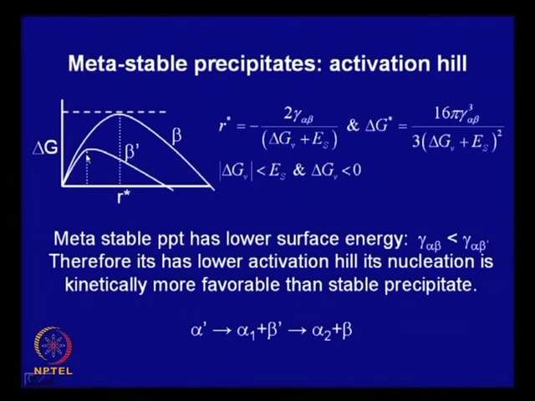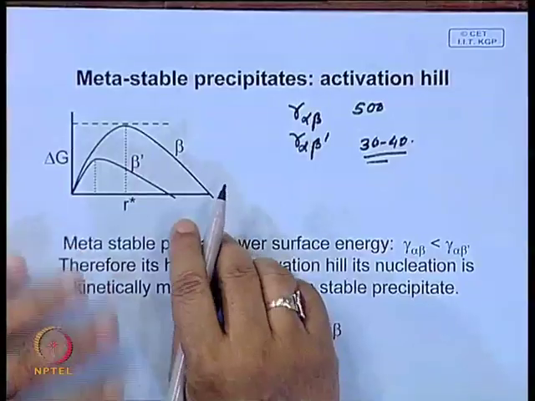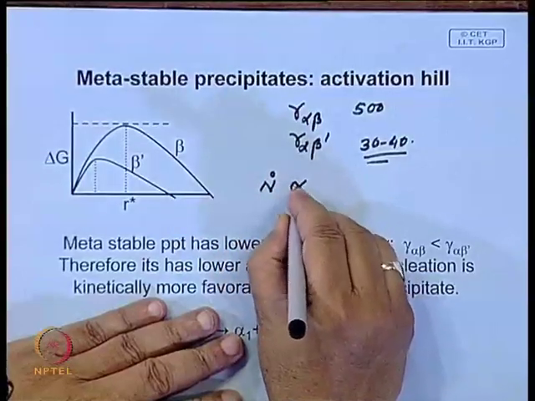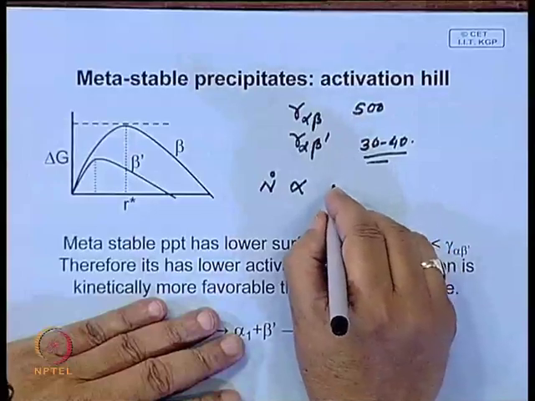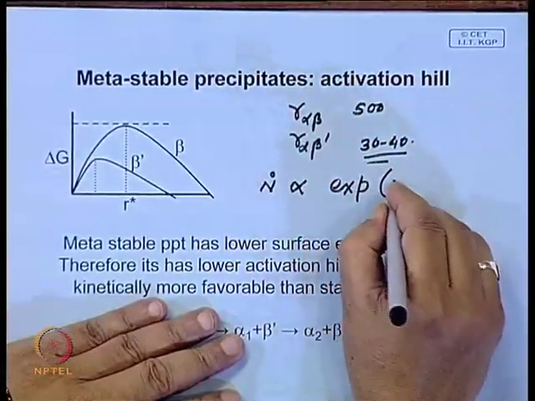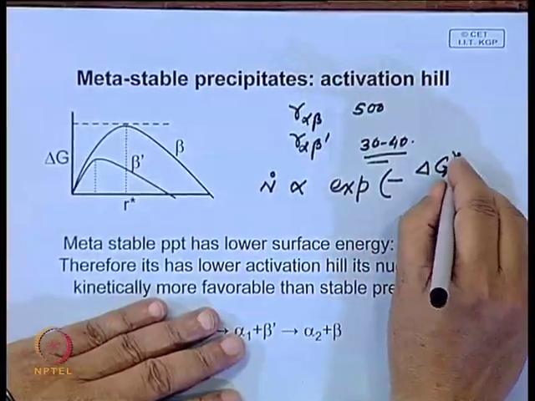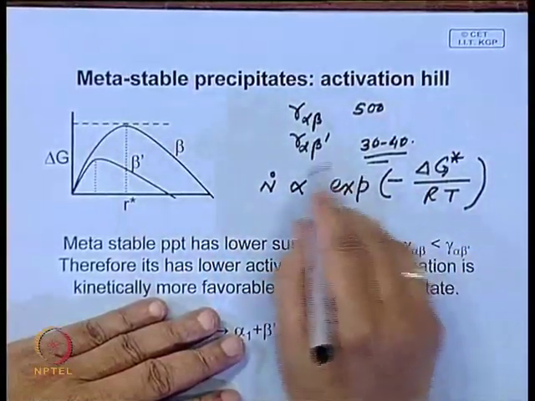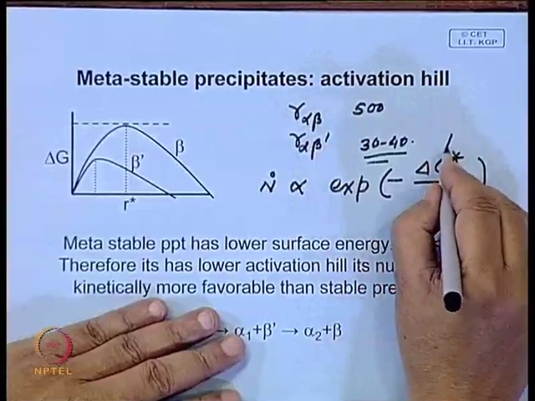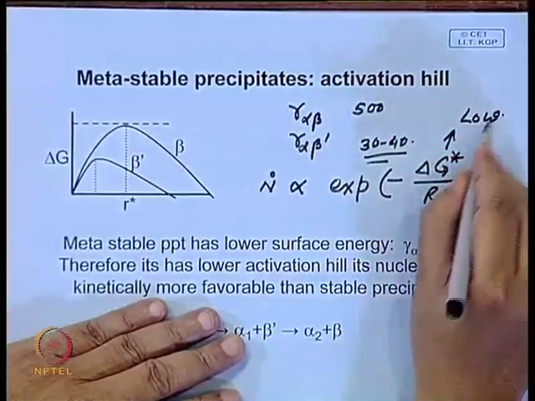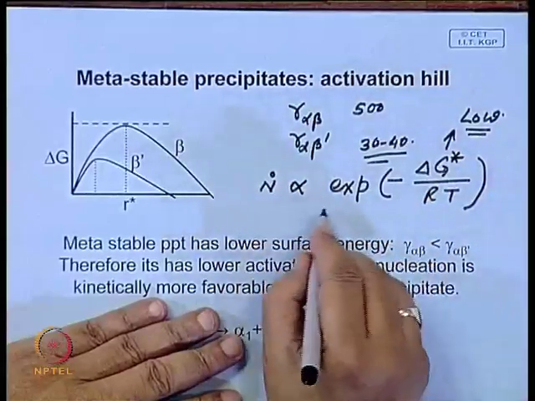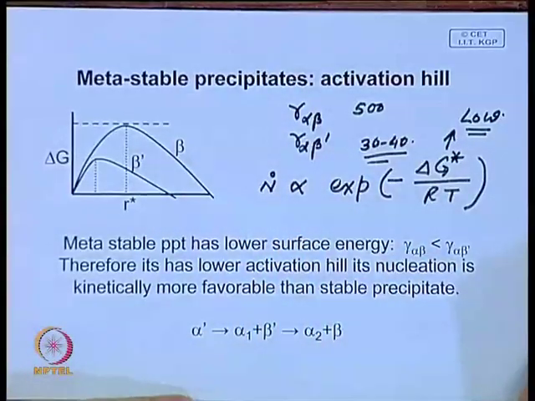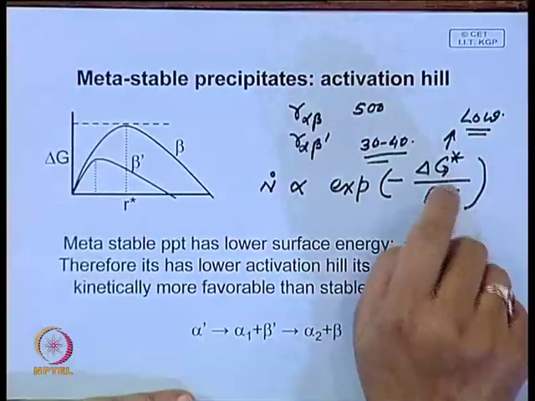Therefore, it will be kinetically favorable, because if you recollect your earlier lecture, the rate of nucleation is proportional to the exponential of minus delta G star over R T. If this is low, then you can easily see that you will have more nuclei, or the rate of nucleation will be high.